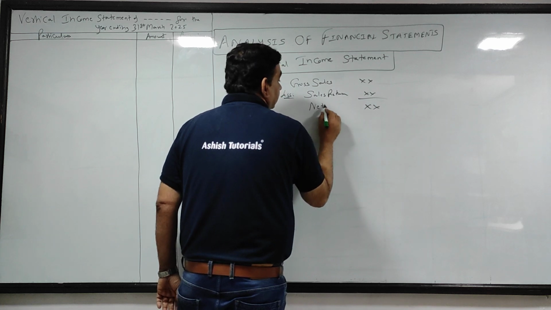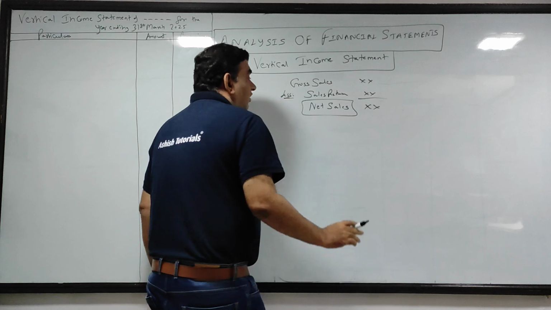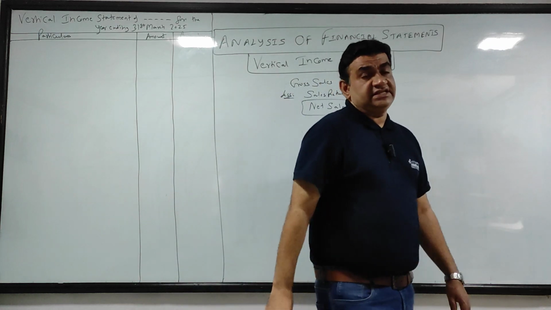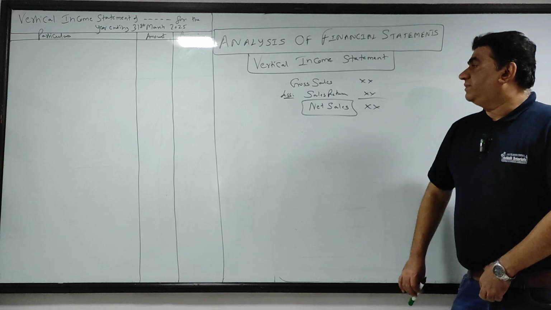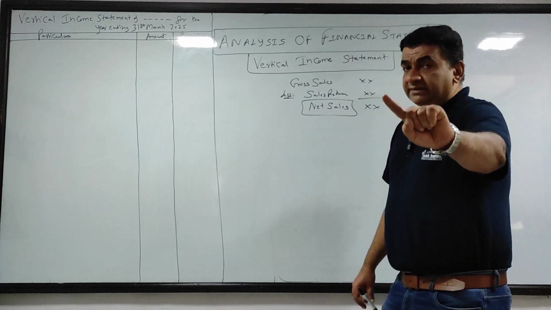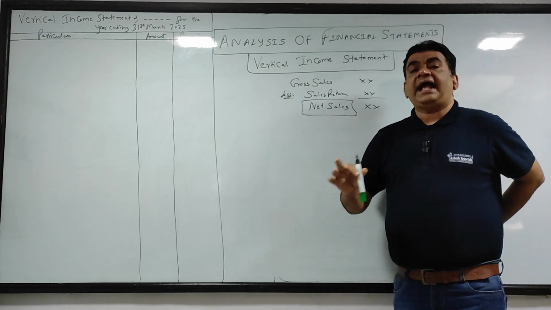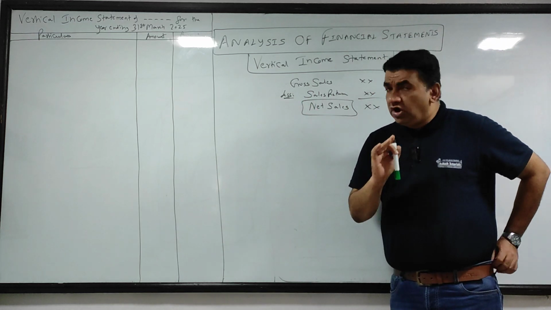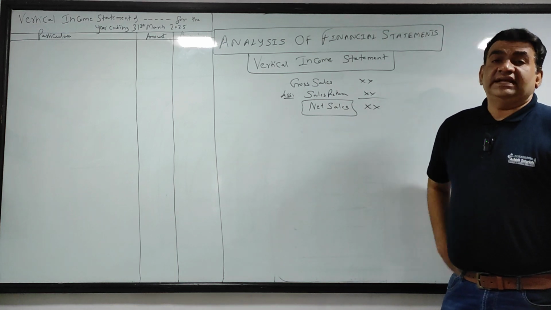And after deducting the return, what remains is my net sales. If the question mentions sales return, then you will do this. And if sales return is not there in the question, your sum will straight away start with net sales.